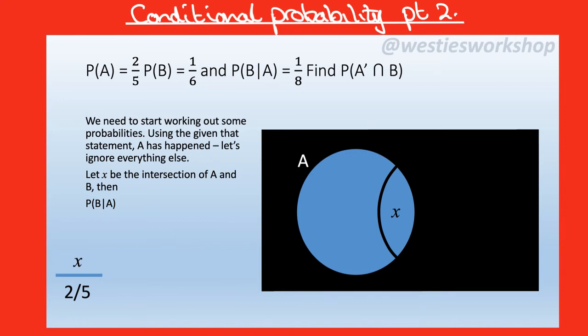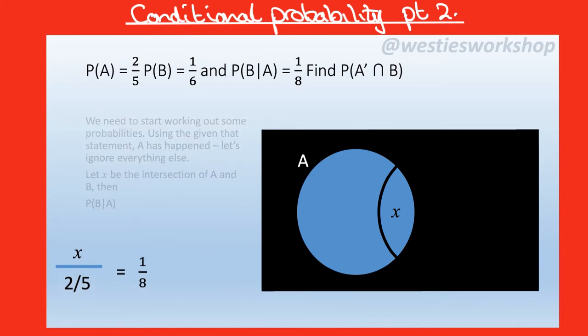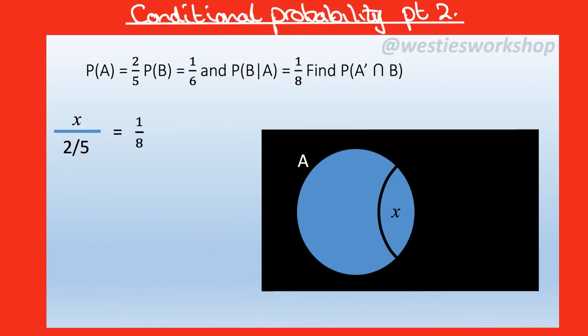X is the numerator, the only part of B left. What is the probability of B given A? Well, that is equal to 1/8. You are given that in the question. We're now going to solve for X. So X equals 2/5 times 1/8. So X is 1/20.